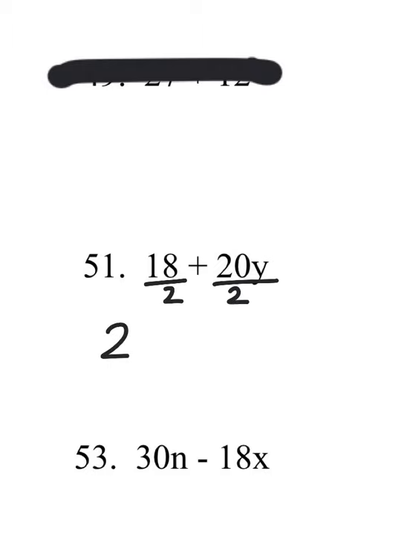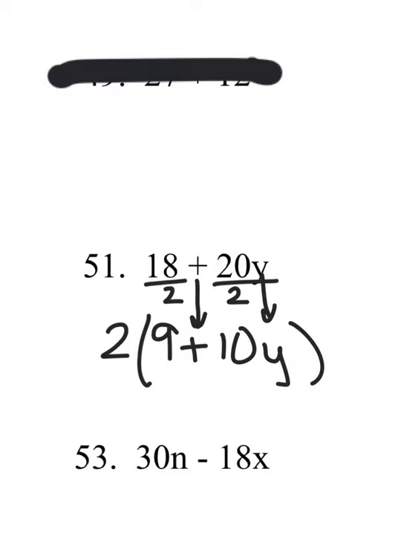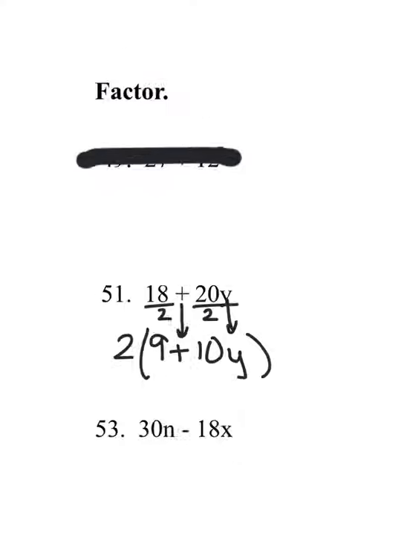I took 2 out, so that goes on the outside of my parentheses. 18 divided by 2 is 9. I don't have a variable, so I don't have to do anything with that. I bring down what I'm doing, which is adding. And then 20 divided by 2 is 10, and I bring down my variable. Gives me 2 times the quantity of 9 plus 10y.